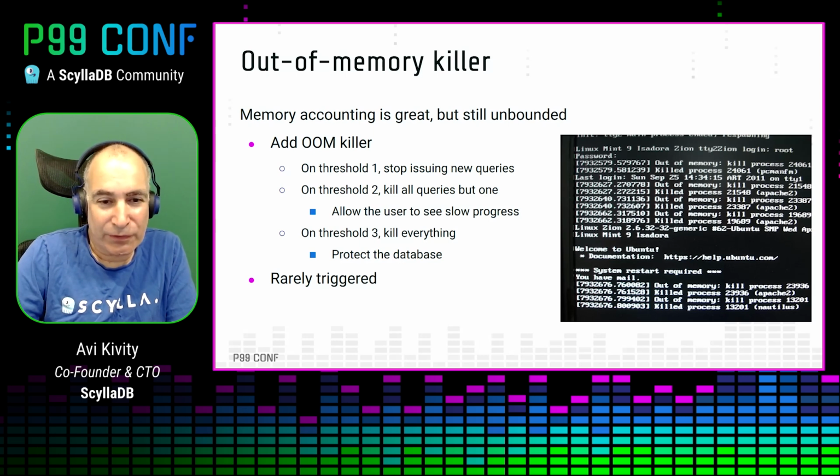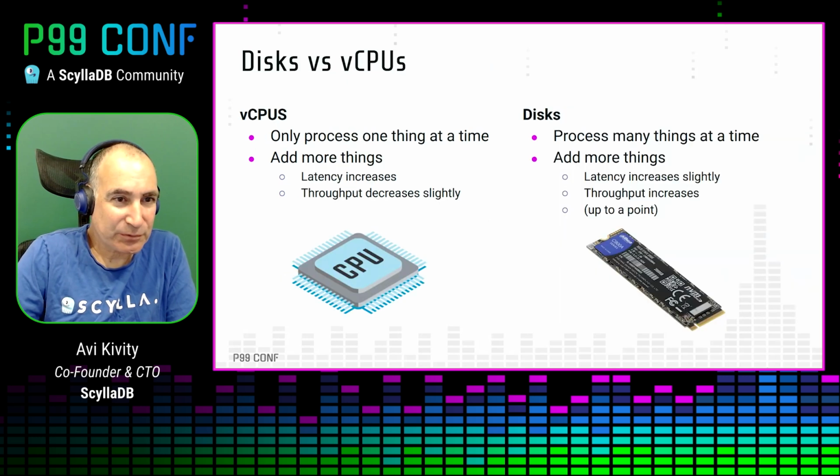And if even that does not work, we just kill everything and protect the database from crashing. Maybe it's not very useful if it's not able to serve any query, but at least the administrator can log in and maybe fix something. It's not something that you would expect to see in production, but it's there to save the day if it happens.